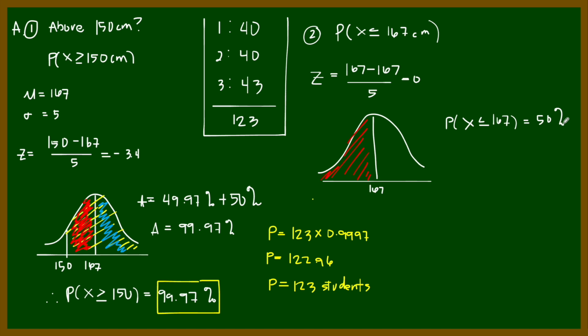Now, our interpretation here, class, is that there is a 50% chance that you will see a student below 167 centimeters in height within the school, as long as he or she is a grade 11 student.